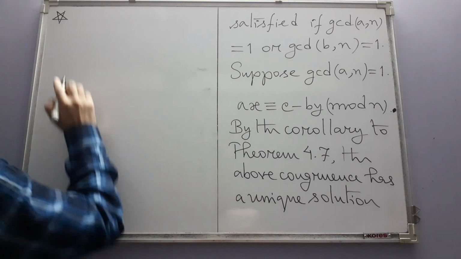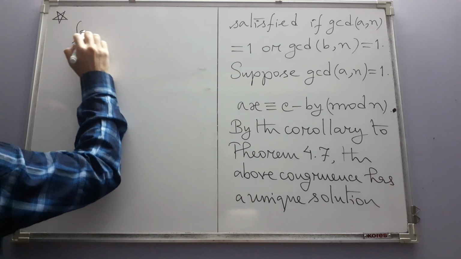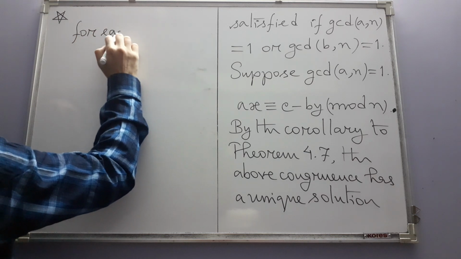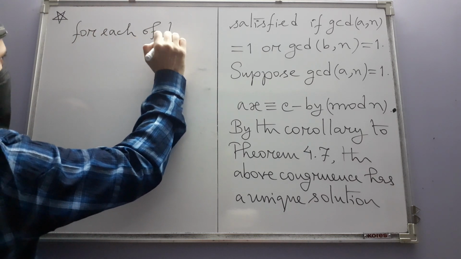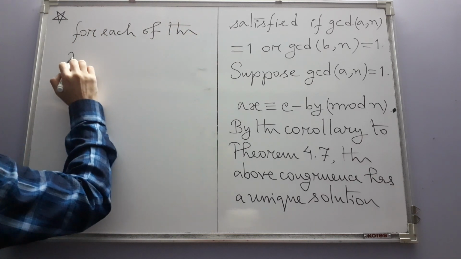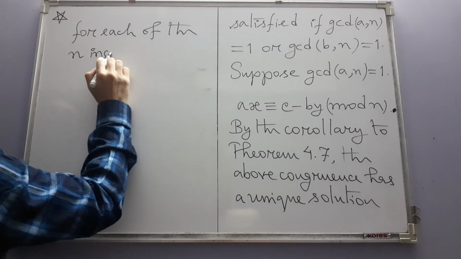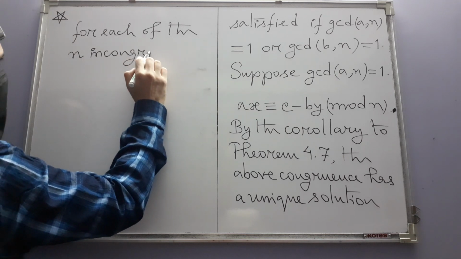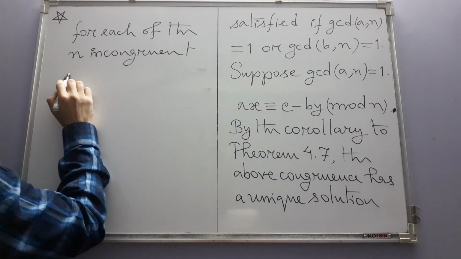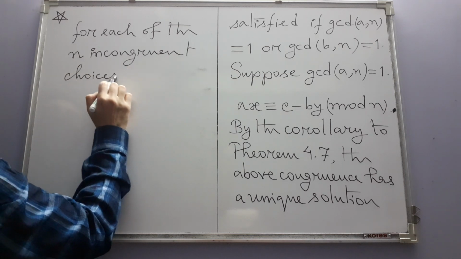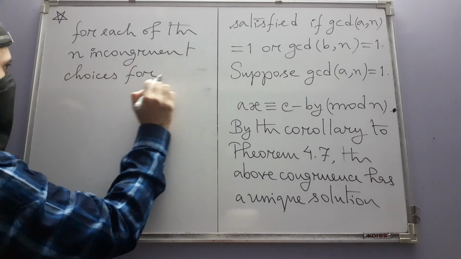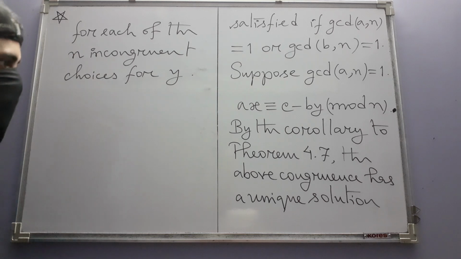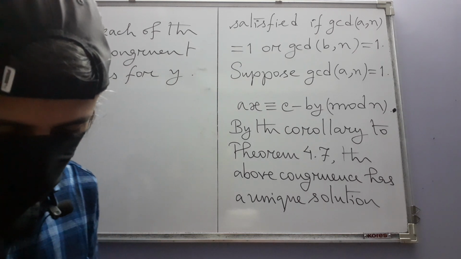Has a unique solution for each of the n incongruent choices for y. What does this mean?